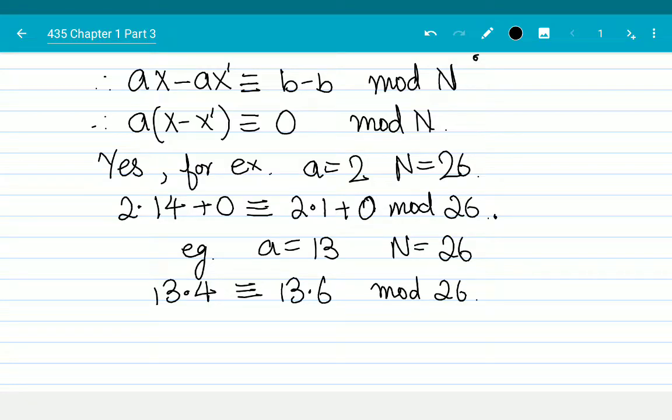Because both of them are exactly 26, which is congruent to 0. Okay, and so in both these cases it fails.